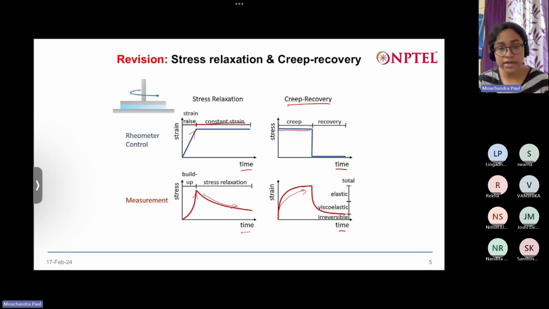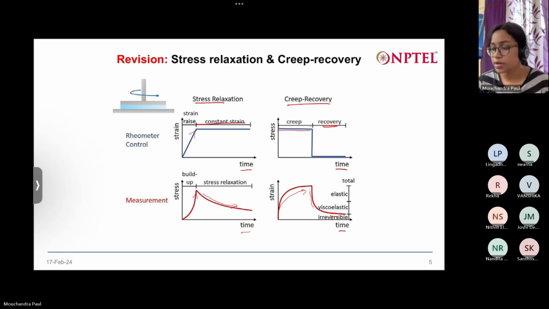But the moment we remove this stress, there's a drop in stress, and then we see the phenomenon of recovery. The strain will decline in this way, as the trend in the graph shows, all with respect to time. These two phenomena are seen only in viscoelastic materials.